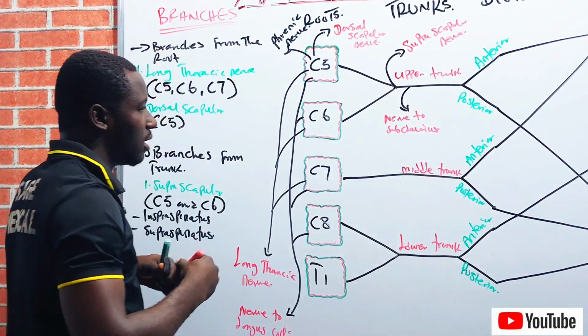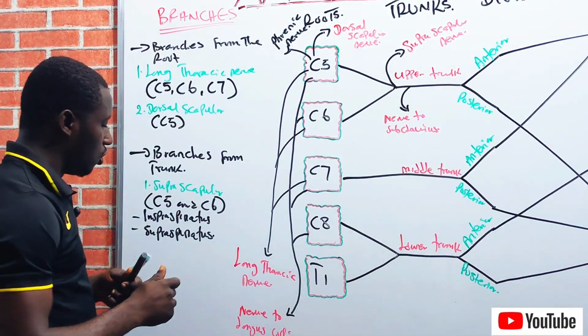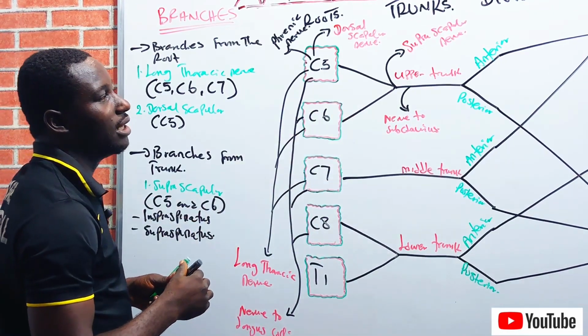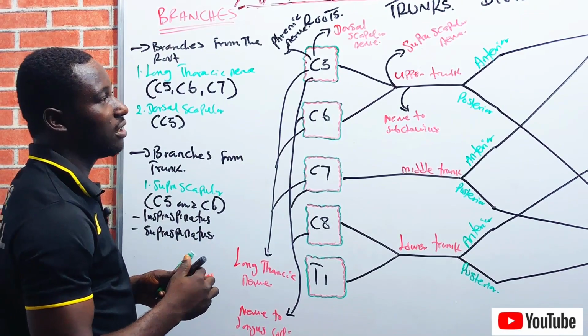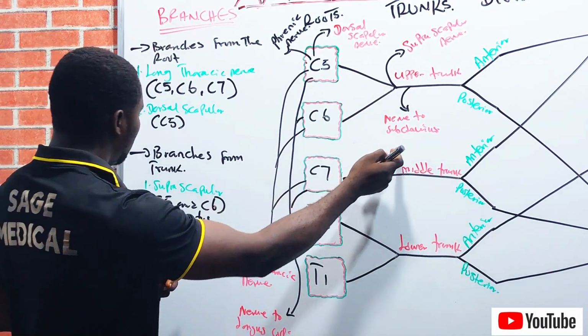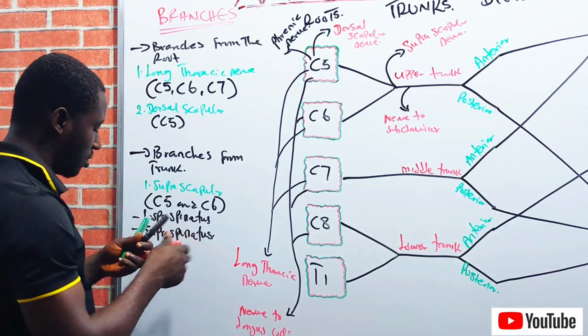Those are the nerves arising from the trunk of the brachial plexus, particularly the upper trunk. The nerve to subclavius supplies the subclavius muscle.